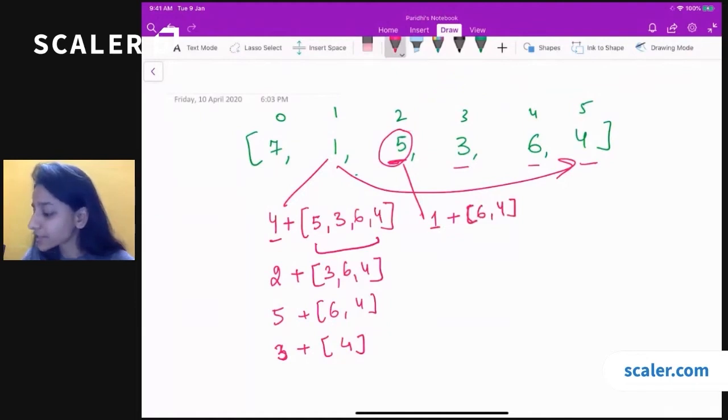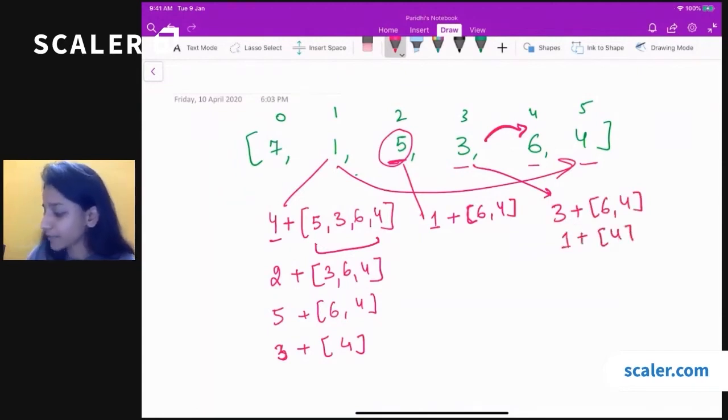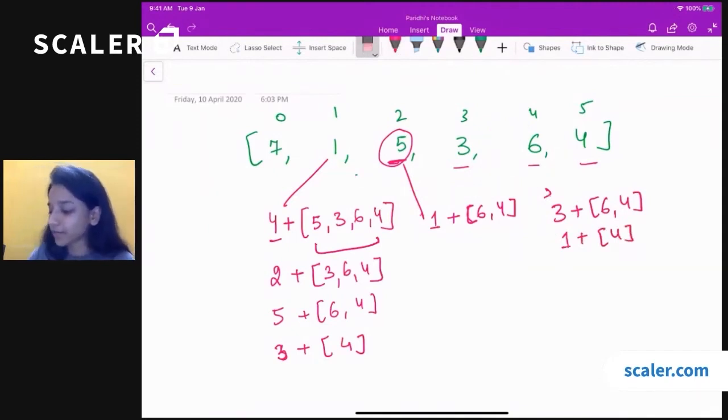Then we will move on to the next element, and 3 can be sold on day 4, which gives me a profit of 3 plus the subproblem 6, 4, and I can sell it on day 5, so the profit is 1, and the subproblem is this, right? So likewise I can keep on going, and that will give me these subproblems for every element.